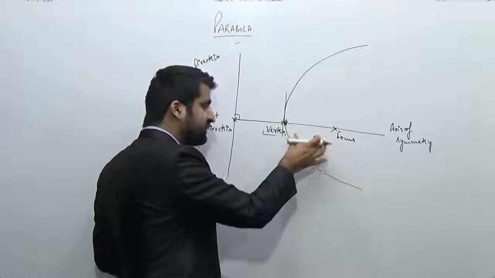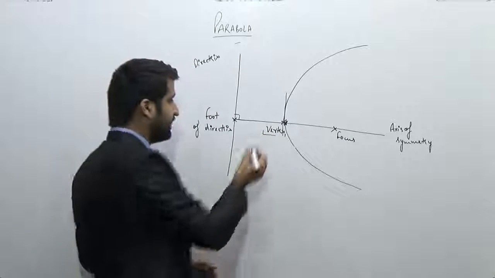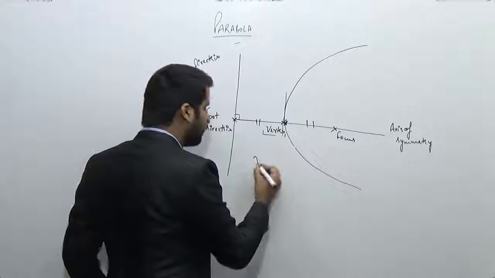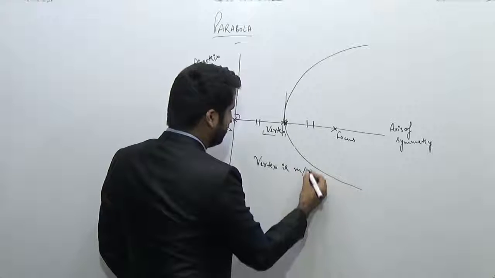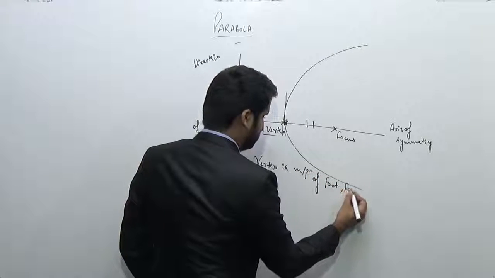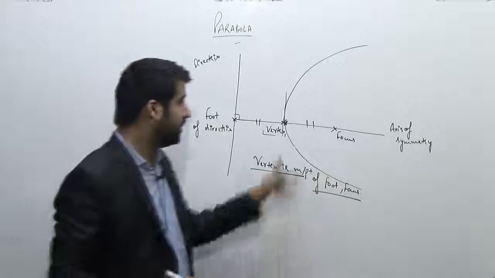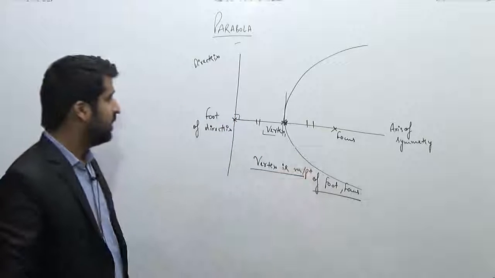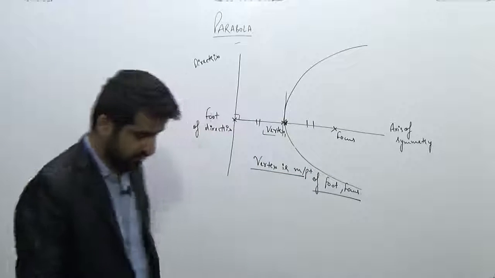So the distance between the vertex and the focus is equal to the distance between the foot and the vertex. So the vertex is the midpoint of the foot and the focus. This is a very important thing. Note it down that the vertex is always the midpoint of the foot of the directrix and the focus.